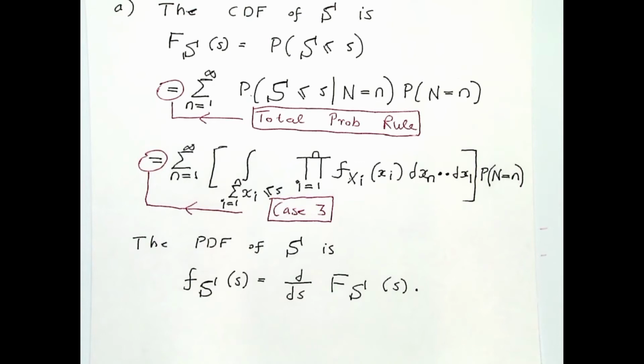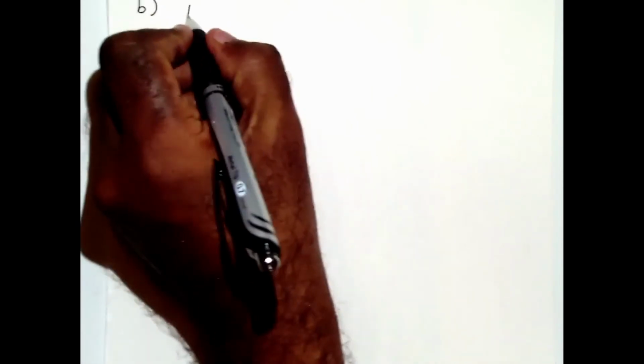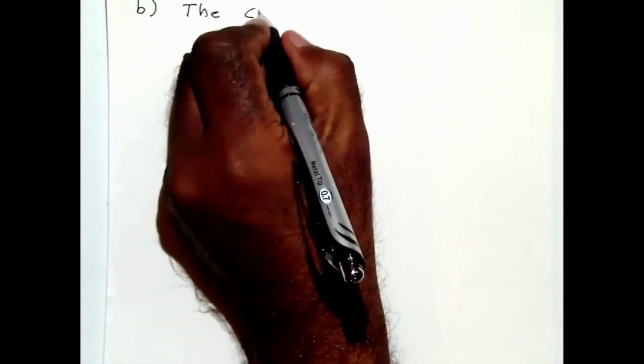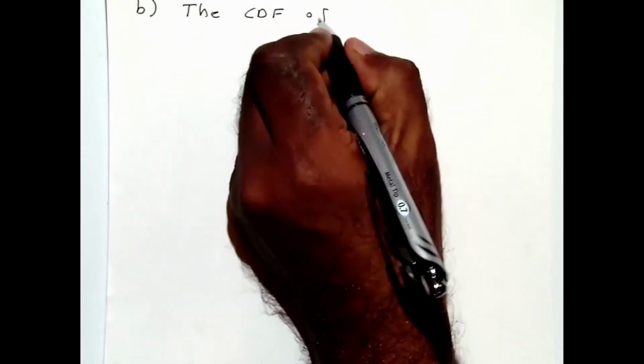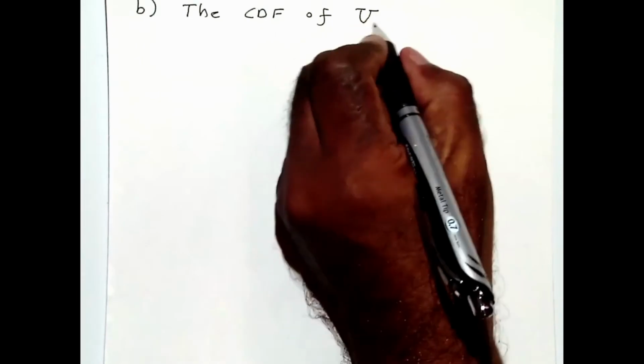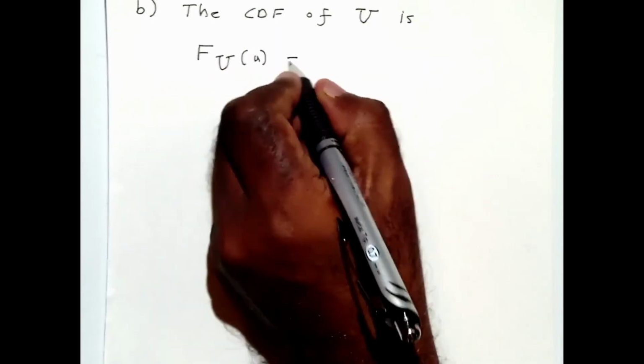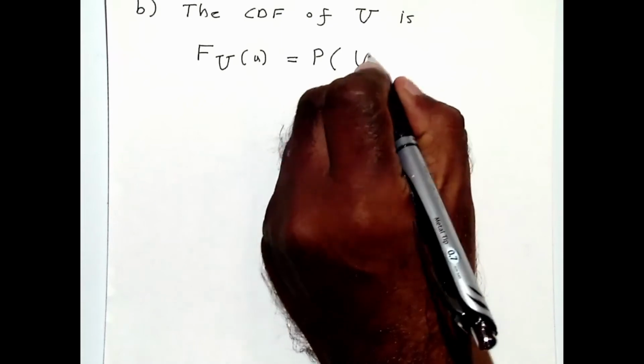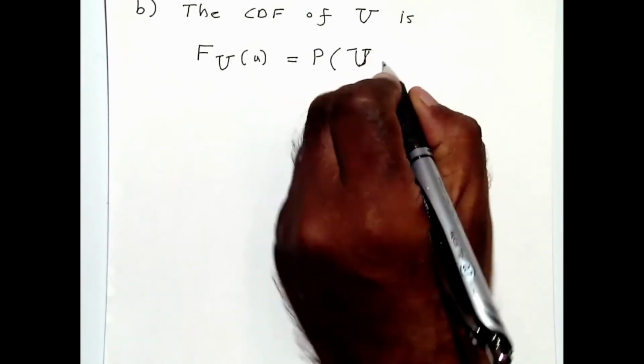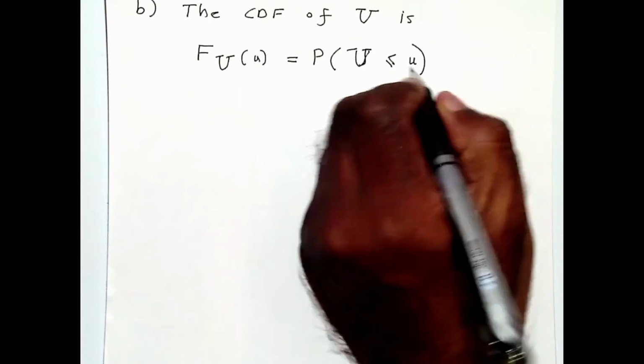The next variable is U. So the CDF is, you can write it like this, this is the notation. By definition it is the probability that capital U is less than or equal to little u.